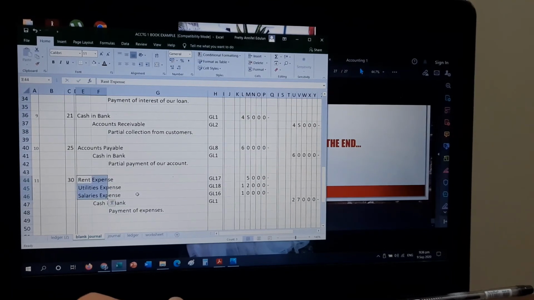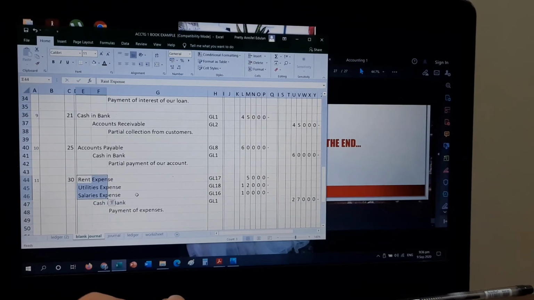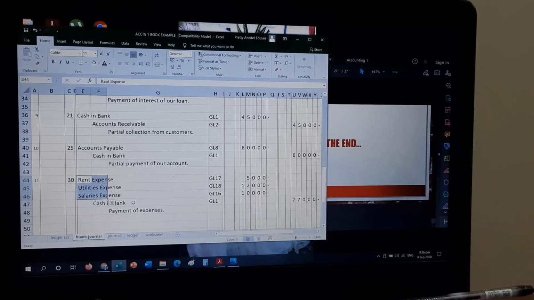Imagine, this is just a short problem, and we are yet in the journal entries. We are yet to answer the ledger, then trial balance, adjusting entries, adjusted trial balance, worksheet, financial statements, closing entries, post-closing trial balance, and reversing entries that could reach minimum maybe 200 plus to 300.